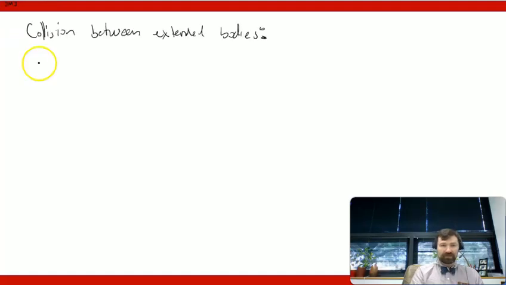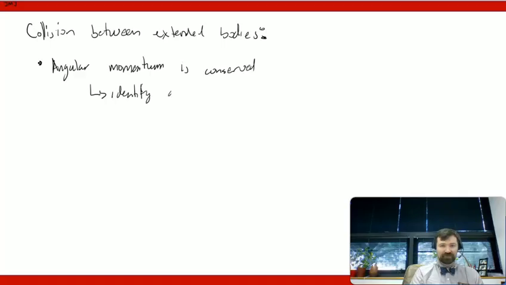Okay, so the basic idea is that when you're looking at a collision between extended bodies, angular momentum will tend to be conserved. But you're going to have to identify the axis about which it's being conserved. So angular momentum is conserved, but identify the axis of rotation. And there could be some torque, but usually there's not some object to apply a torque.